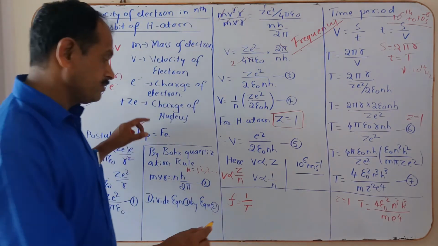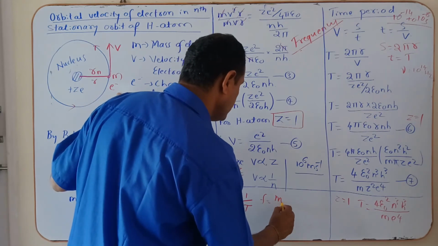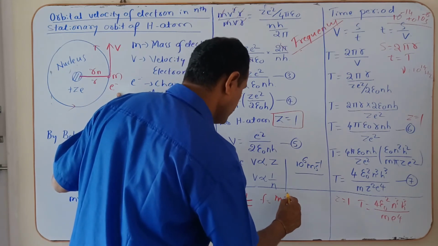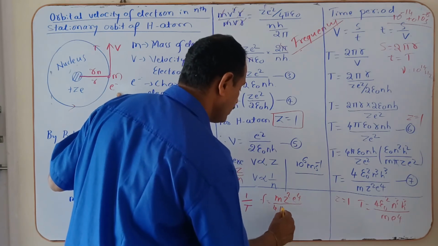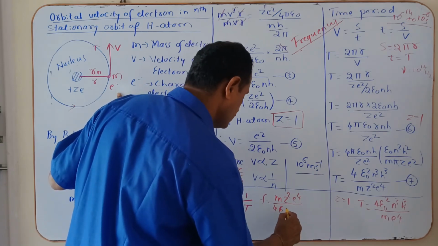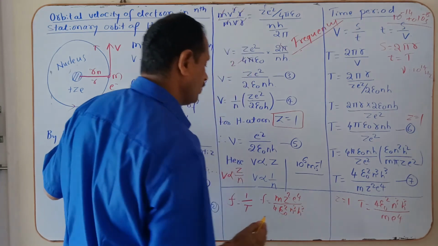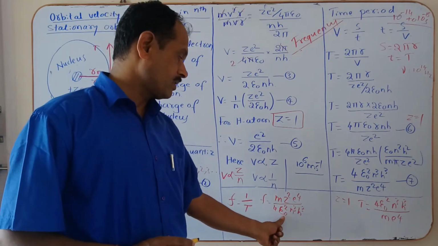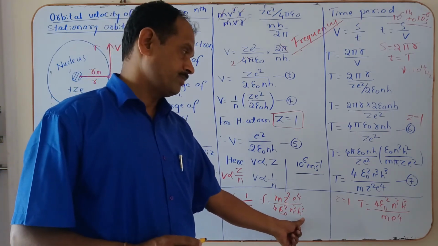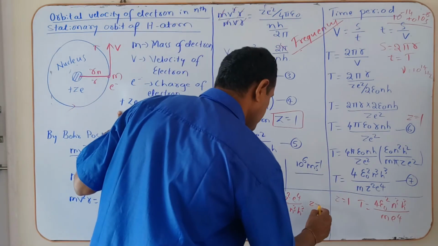If it is the reciprocal of the time period, that frequency you got is m Z squared e raised to 4 divided by 4 epsilon naught squared n cube h cube. Taking the reciprocal, for the hydrogen atom Z is equal to 1.